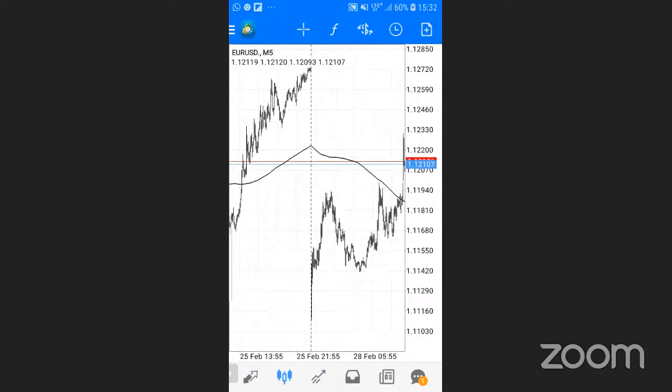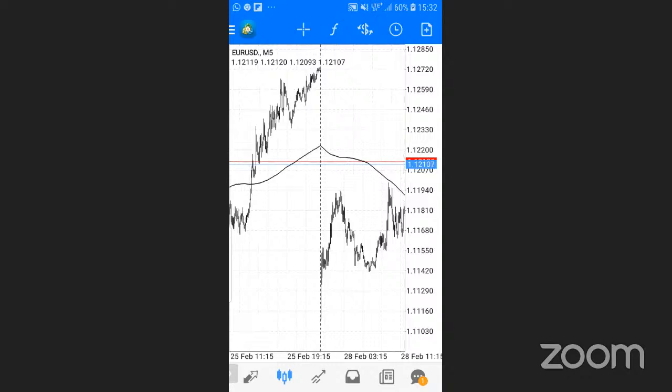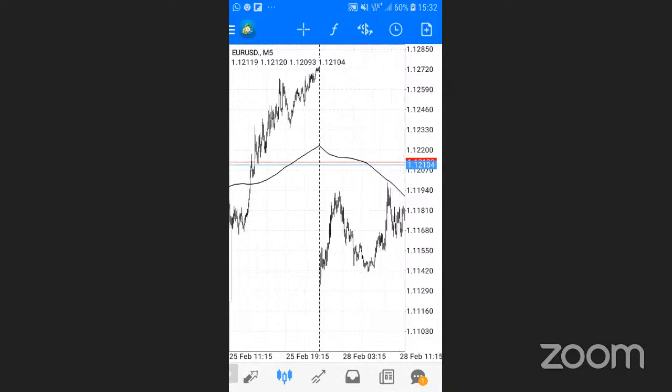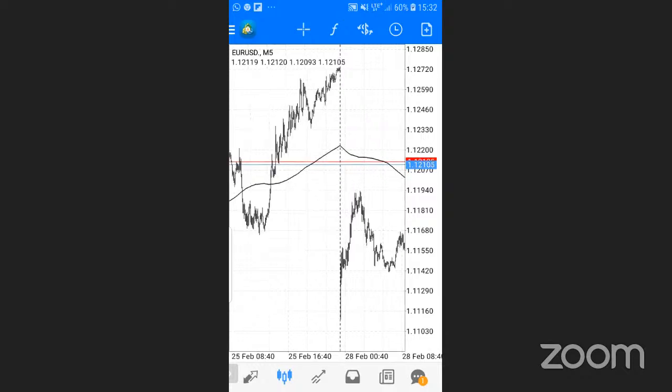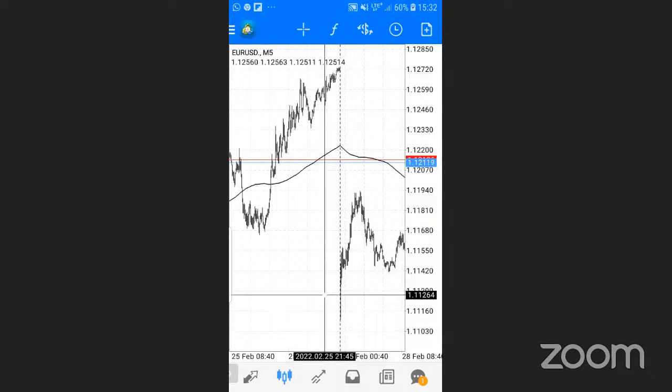Look at the gap I told you that the market created. Now, on the higher time frame, which was daily, you can see it was not obvious. But look at where price gapped from at the beginning of today's market, all the way from this place to this place. That was the distance price gapped before it started buying back.